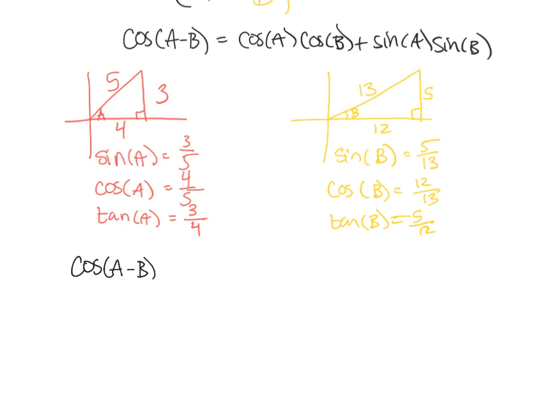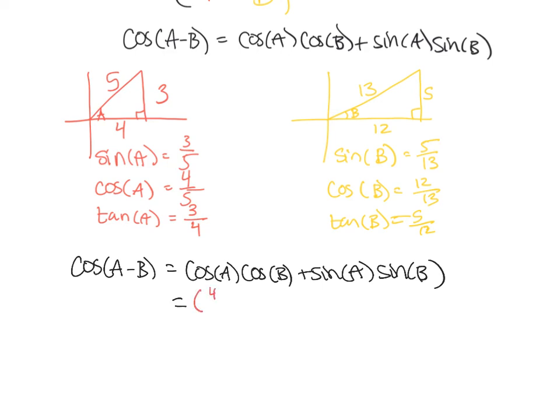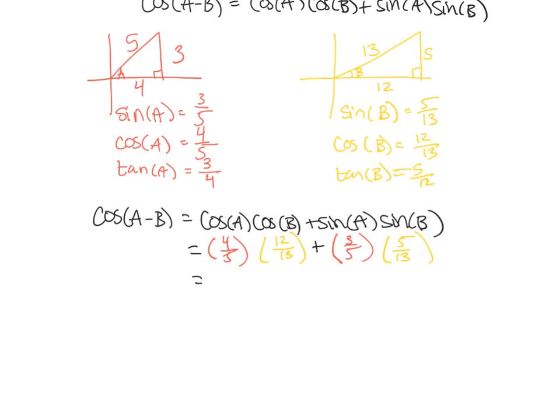Cosine of A minus B is equal to cosine of A times cosine of B plus sine of A times sine of B. It's going to be equal to cosine of A, 4/5, times cosine of B, 12/13, plus sine of A, 3/5, times sine of B, 5/13.